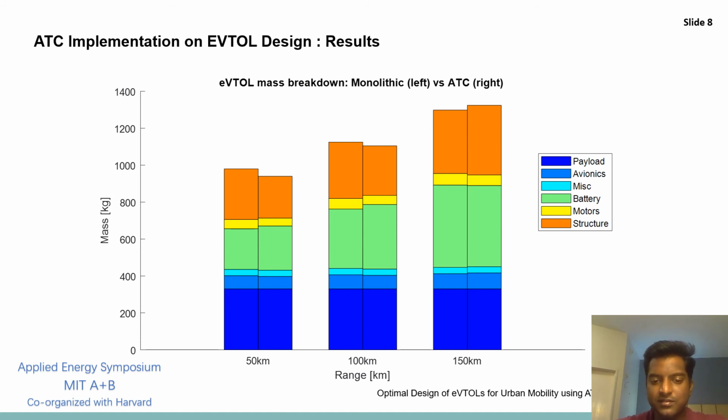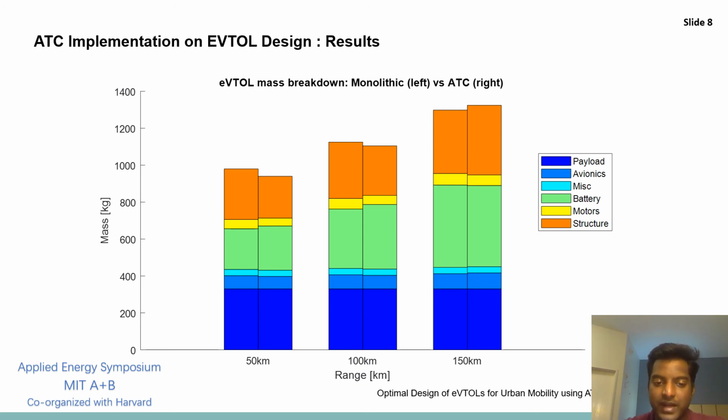So this slide shows the results of running ATC on this eVTOL formulation. The y-axis here is the mass in kilograms, and the x-axis is the range. In this graph, you can see that there are two different bar graphs that are stacked right next to each other for each range point. The bar graph that is stacked on the left shows the results from monolithic architecture, and the bar graphs that are stacked on the right are the results from ATC architecture.